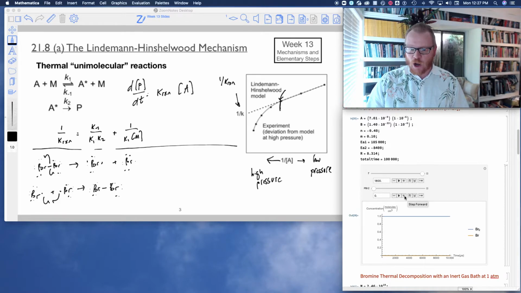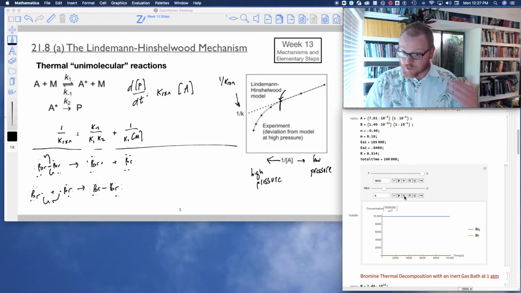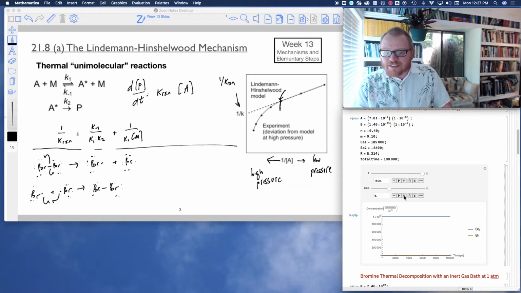But now check it out. When I go up to power of 1, I have 10 molecules per cubic centimeter, now 100, now 1,000, now 10,000, and so on. Even at 1800 Kelvin, to get these bromines to start reacting over a fairly quick period of time, 0.01 seconds, I've got to crank this up.